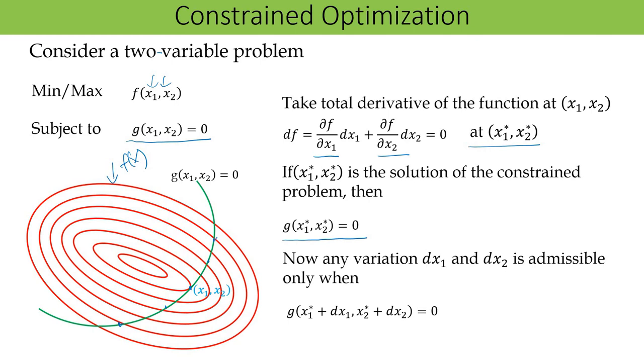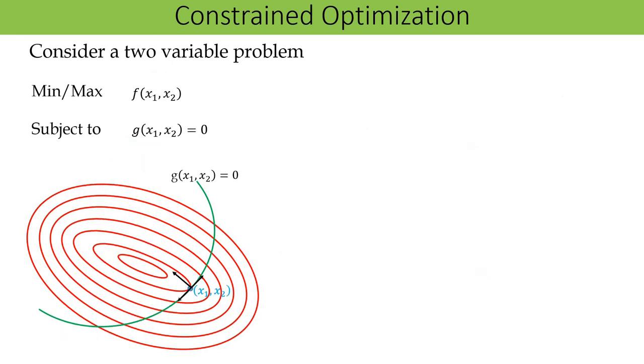Now any deviation dx1 and dx2 is admissible only when the new point, x1 star plus dx1 and x2 star plus dx2, is also on that particular constraint, that is, z is also 0. So suppose you are here, you can move along this line, but you cannot move along, suppose this is a point D, the D line.